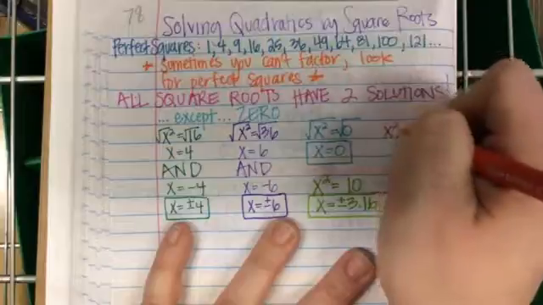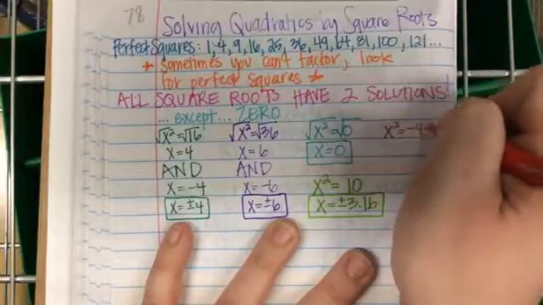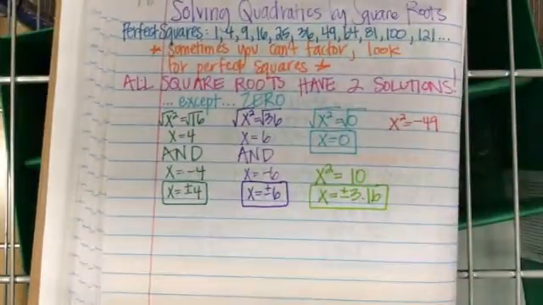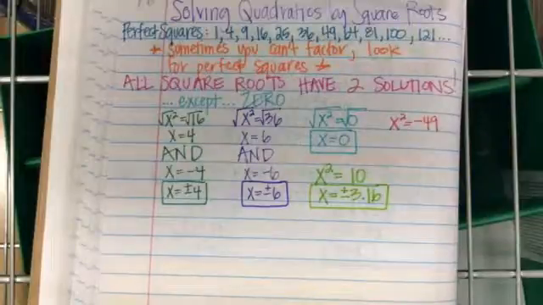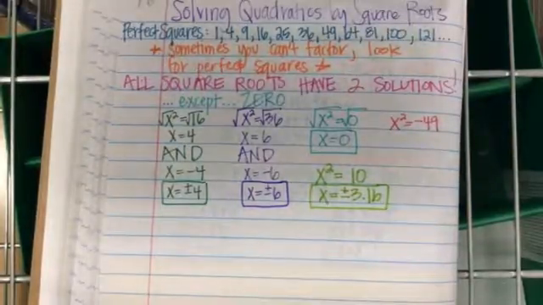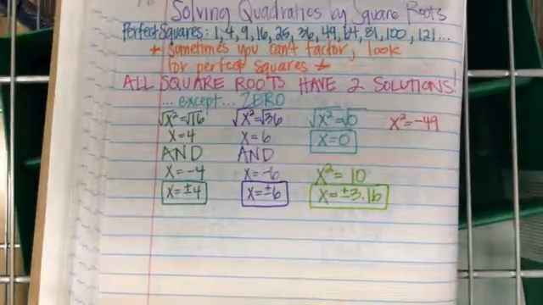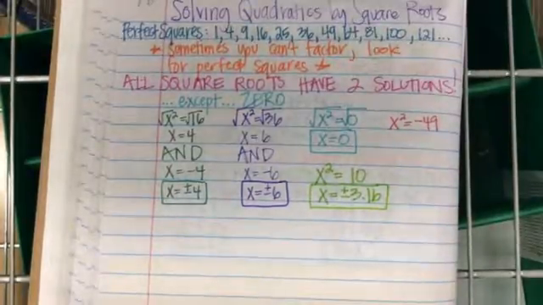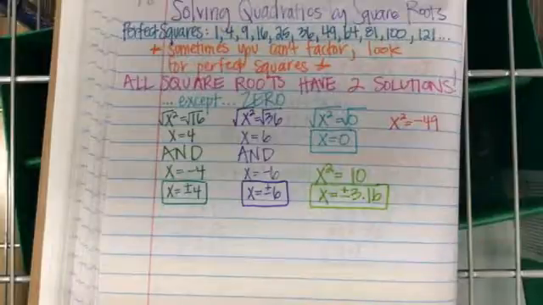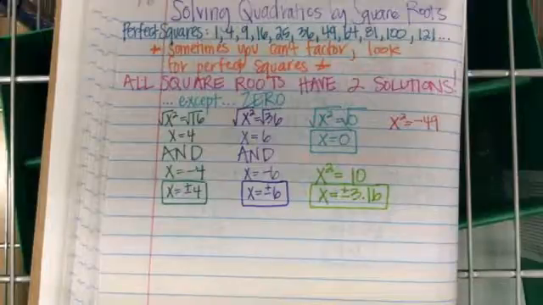All right, try this one. X squared equals negative 49. What times what equals negative 49? Negative 7 times 7.